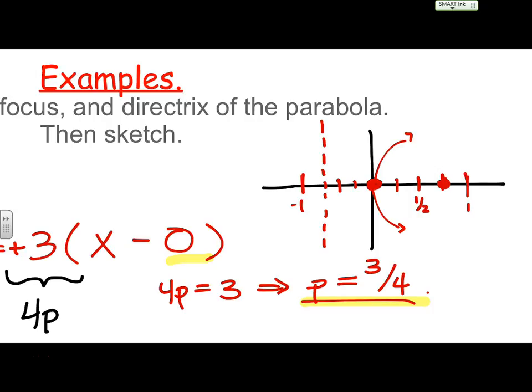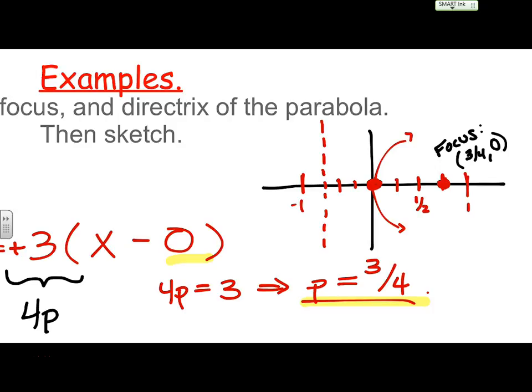So now we just have to state what we just figured out. We'll look at the graph. What point is this focus at? 3/4, 0. The pattern on the page before would say the focus for this type of parabola is going to be h plus p, comma, k. That's exactly what we did.